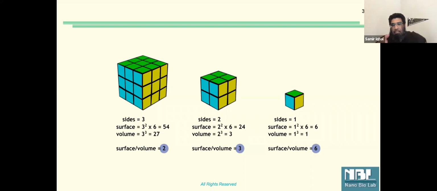So here's an example of a simple kind of calculation. You start with the Rubik's cube. The big Rubik's cube has 9 smaller pieces on each face.